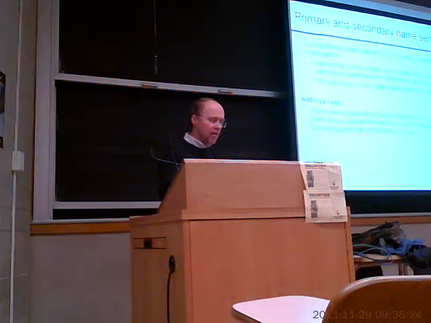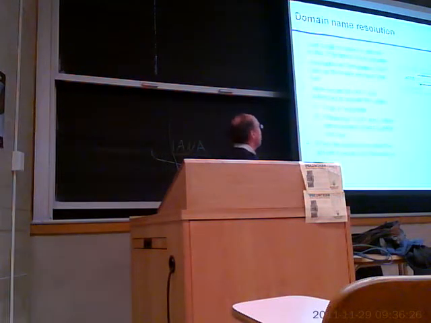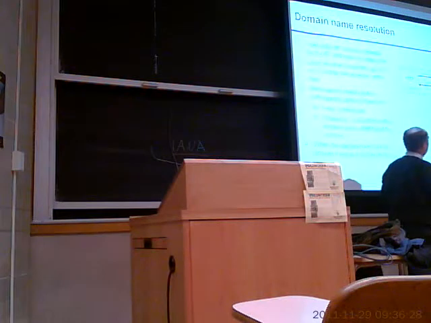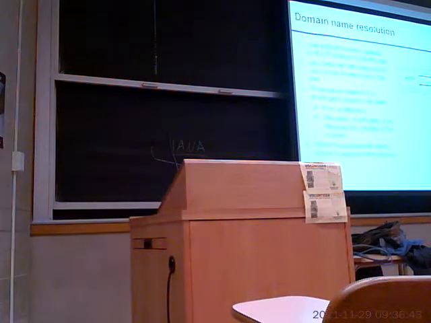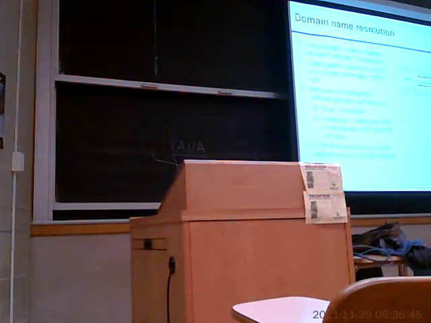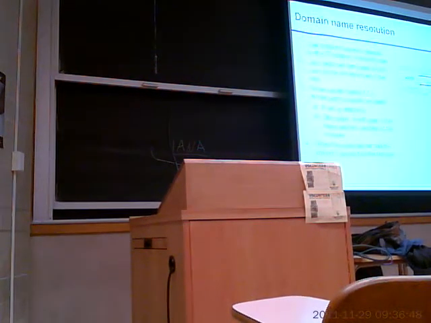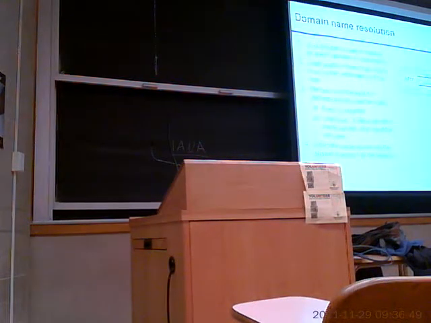Now let's talk about how a query works. We went over it roughly last time. Let me just recall it. This is a client, any regular computer that is using the DNS. There is a common component that serves as the client of DNS for all DNS interactions at this host.